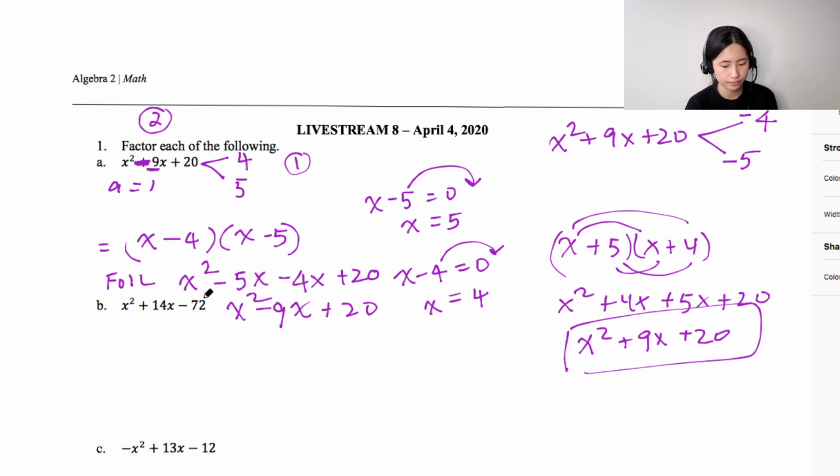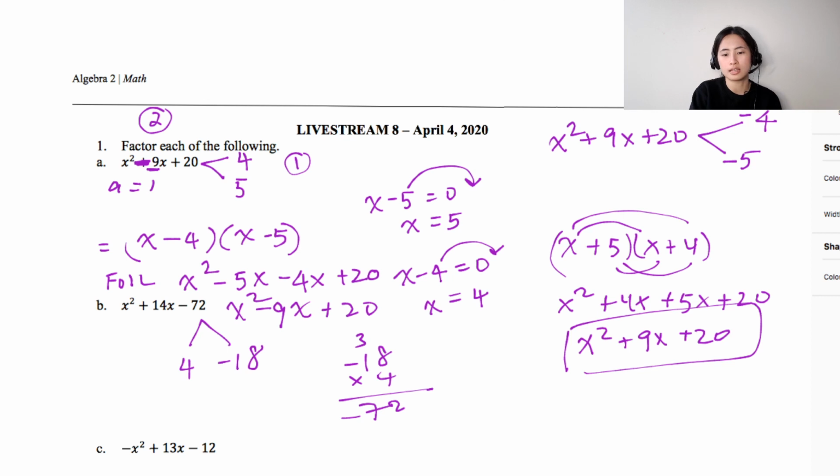If you have these two factors, 4 and -18, let me just think. If you have -18 times 4, yeah, it's going to be -72. Yeah, it does multiply.